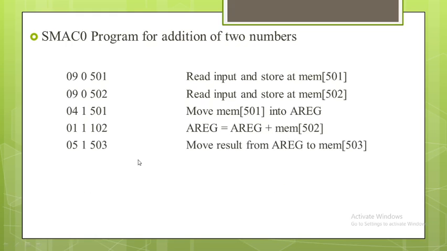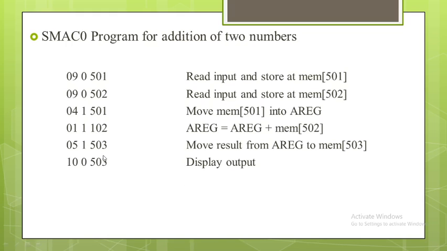After that I am going to move the content from the A register to memory location 503. For move we use the opcode 05, and I want to move the result from the A register to address 503. 05 stands for move to the memory.